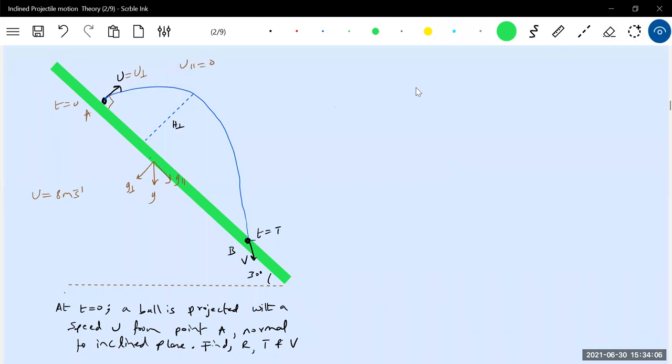Okay, let's first get the time of flight. Again, the same thing, perpendicular to the incline. The net displacement perpendicular to the incline should be 0.